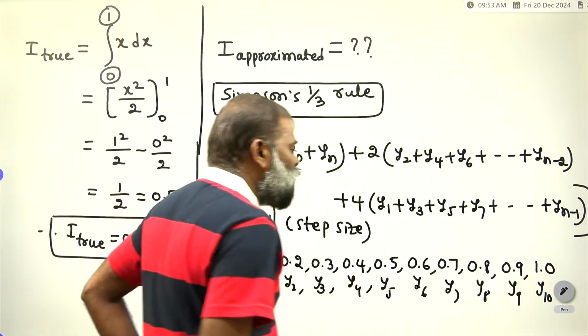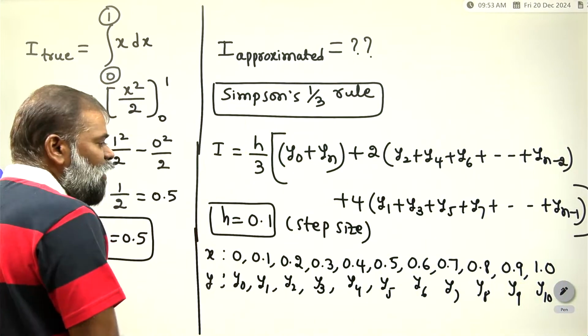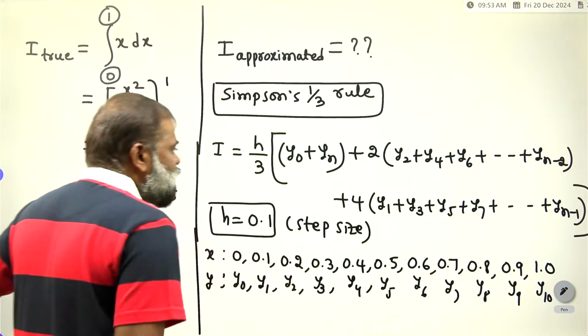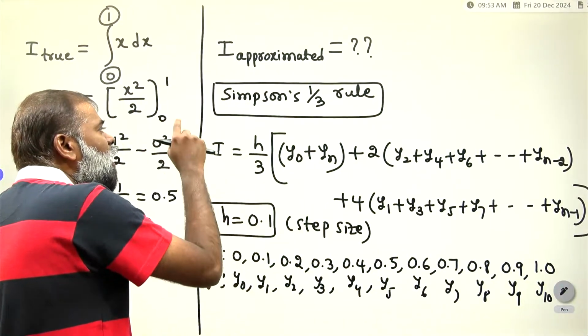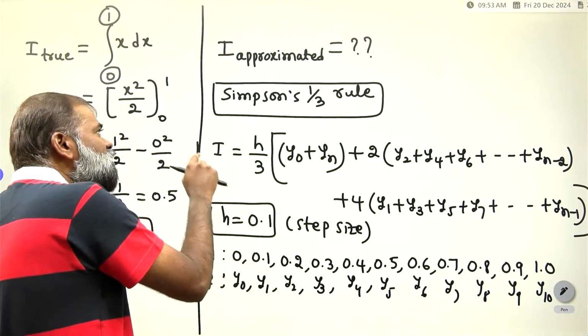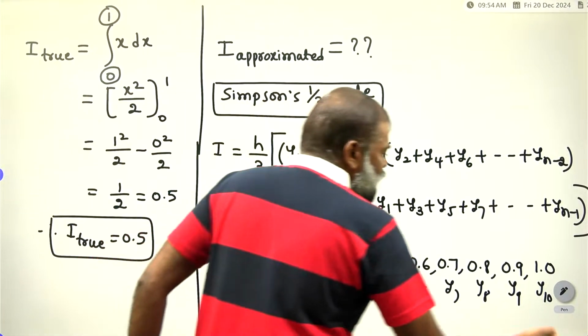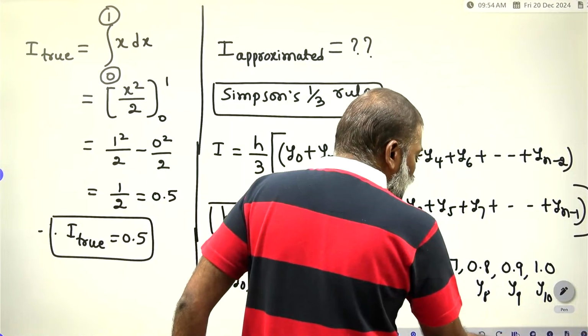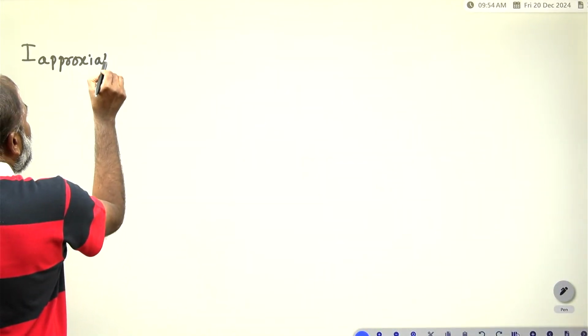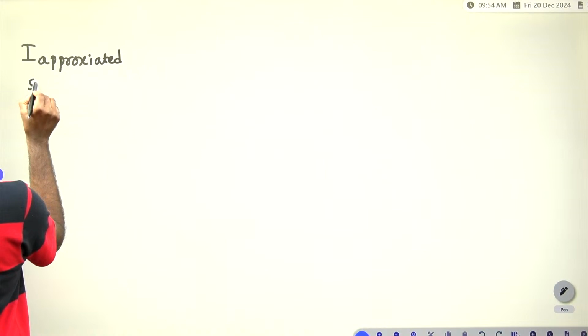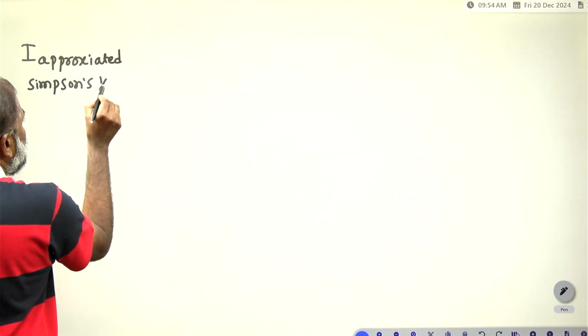So y0 to y10 are there. Now you substitute these values and calculate the integration according to the Simpson's 1/3 rule, the approximated value of I by using Simpson's 1/3 rule.